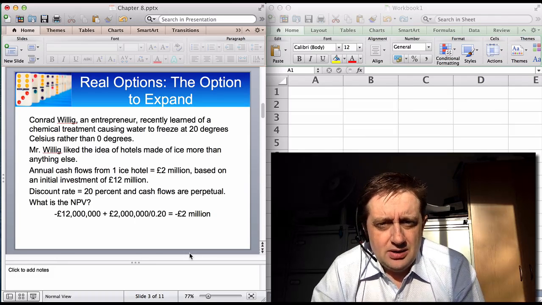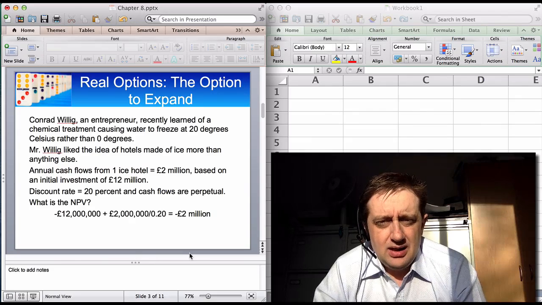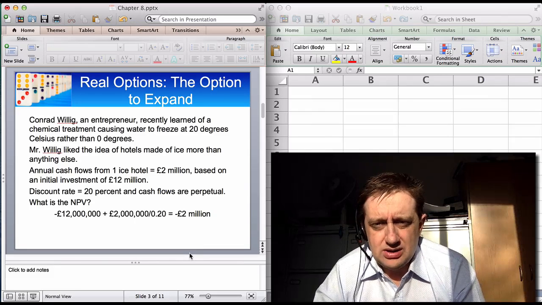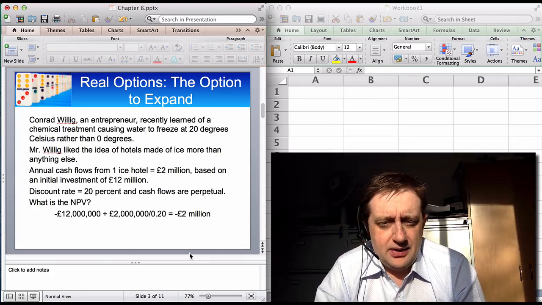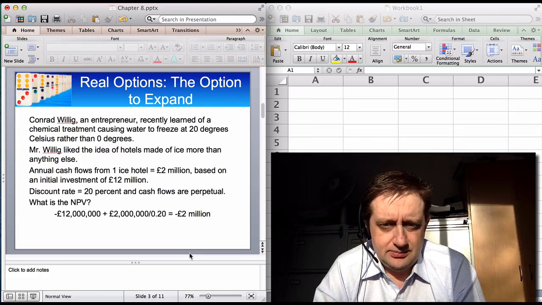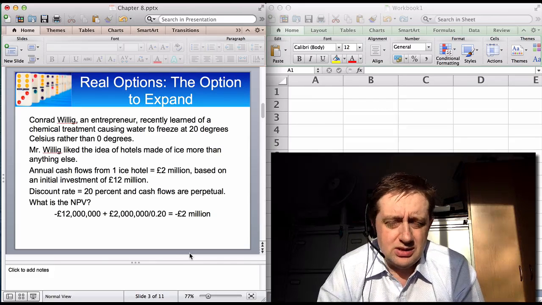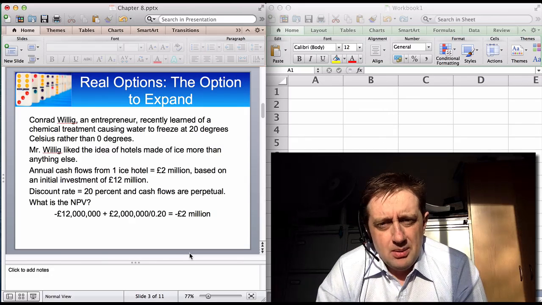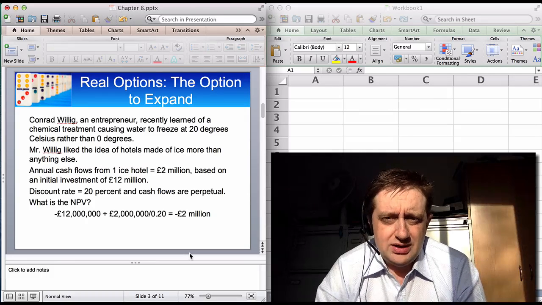But NPV analysis is very much a static methodology. You get your forecasts. You start off today, you get your forecast going into the future, and you come up with a viewpoint of whether the project is good or whether the project is not worthwhile. But in reality, you're making decisions all the time.